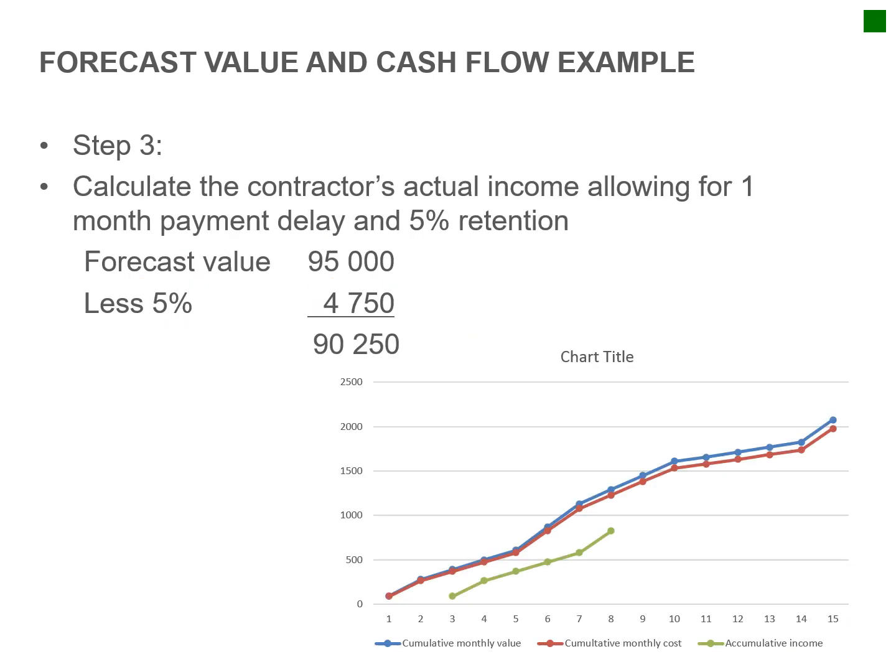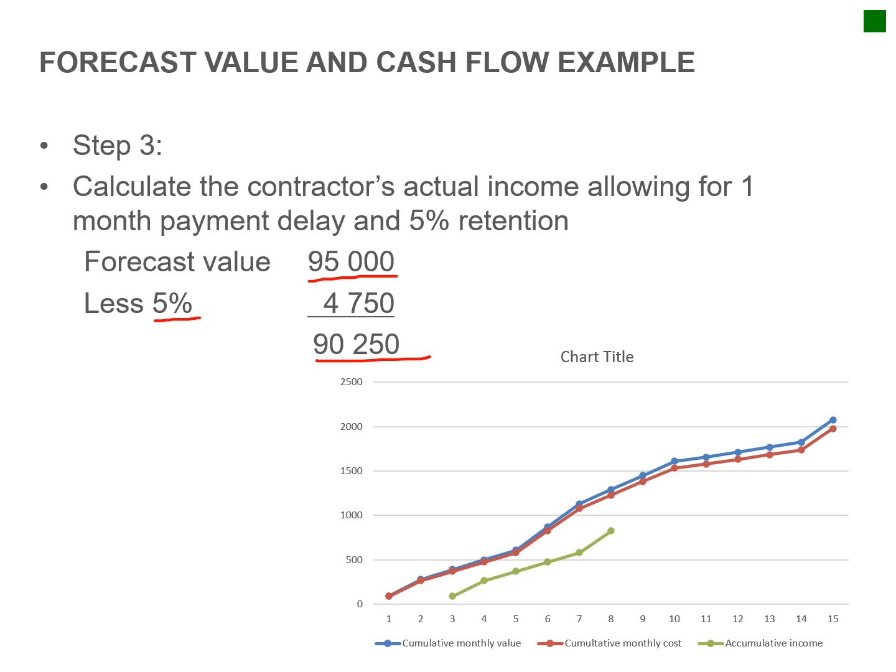Okay. Step 3, then calculate the contractor's actual income, allowing for 1 month payment delay and 5% retention. So forecast value: after month 1, the cumulative value was 95,000 rand, and then we take off 5% on that. So this is our actual amount that we could claim per month.